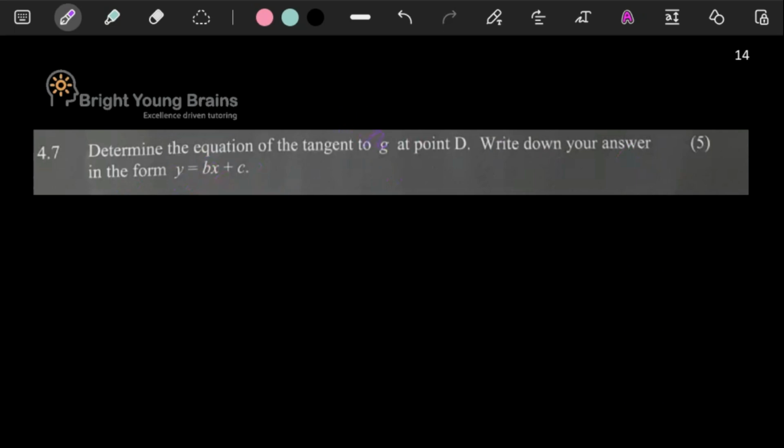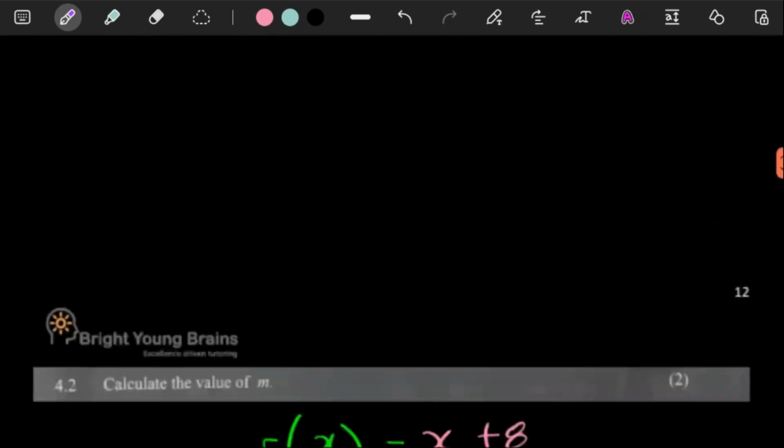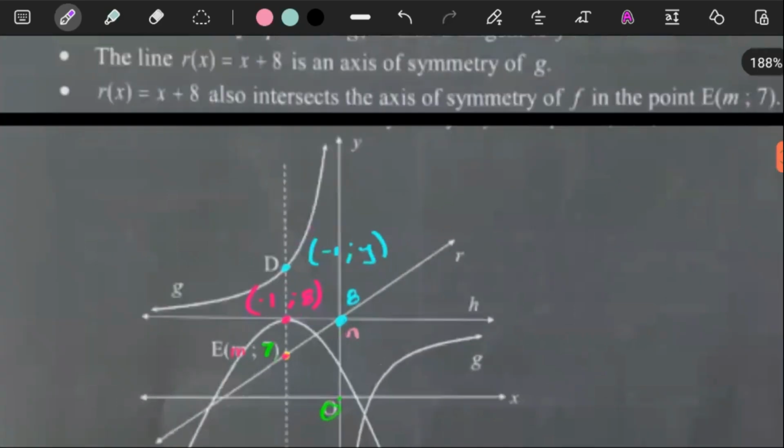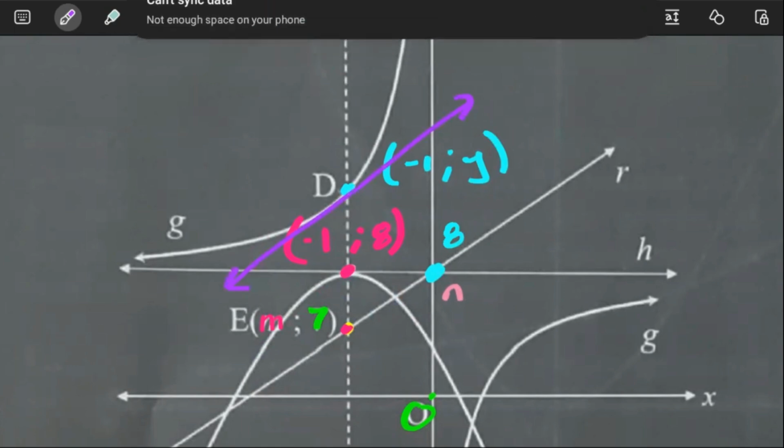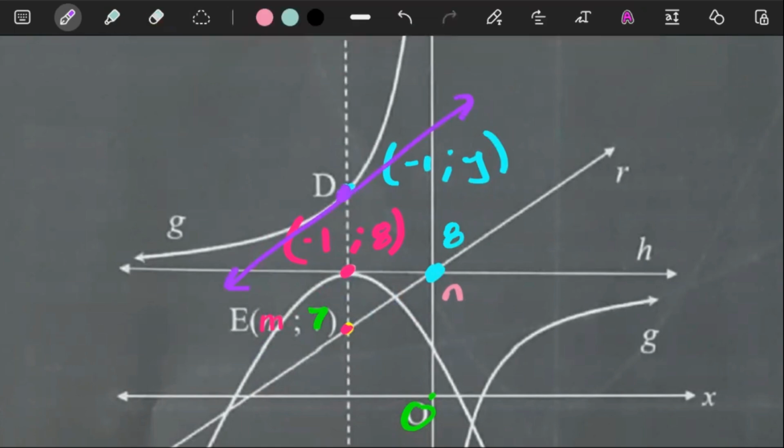So your tangent would actually look something like this. We need to figure out what gradient we would have over here. But the fortunate thing is this purple line would actually need to be parallel to the graph, the only way a tangent can be at point D here.